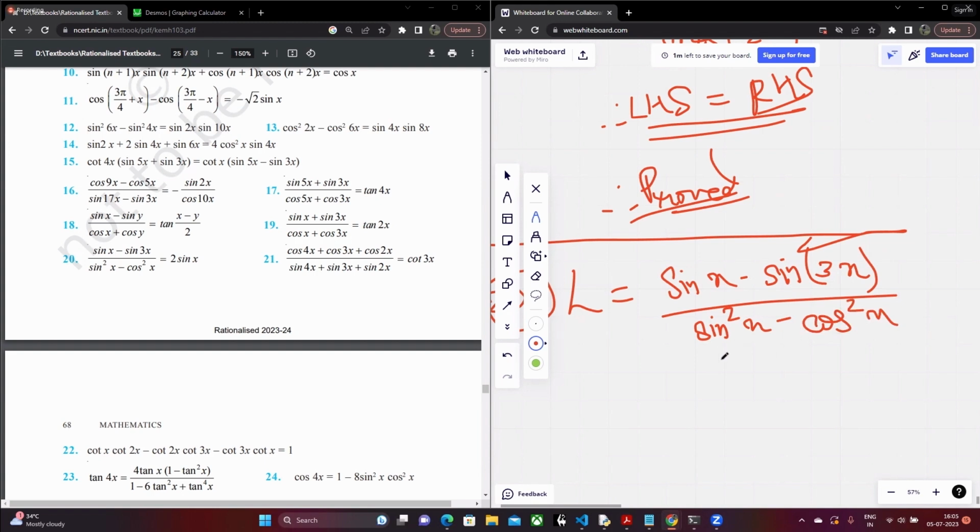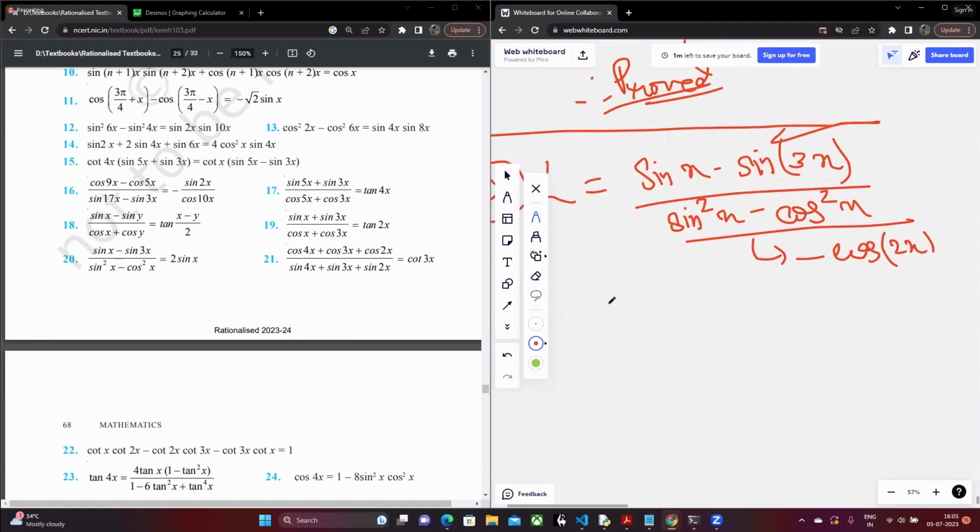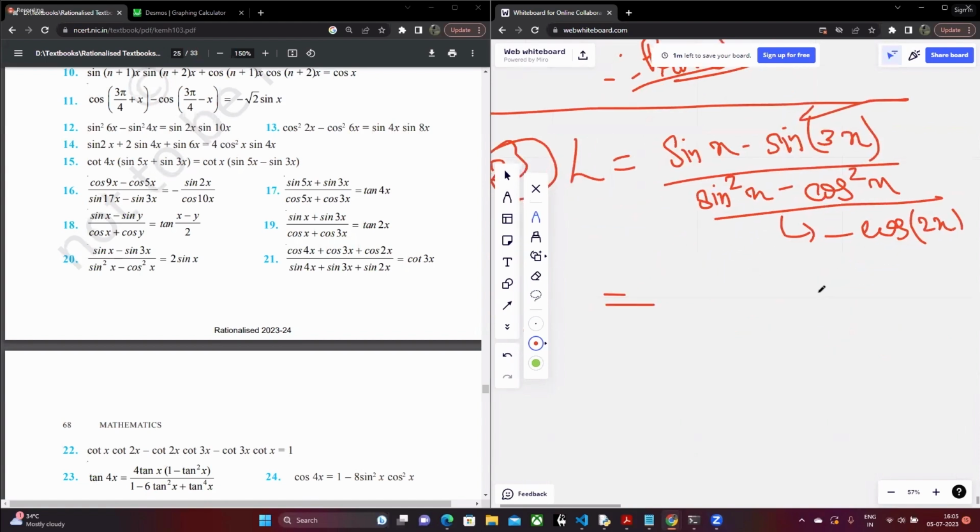Remember that cos square x minus sin square x is the formula for cos 2x, right? So this is basically minus cos 2x. Remember that. I'll make the substitution, but remember this for future, right?